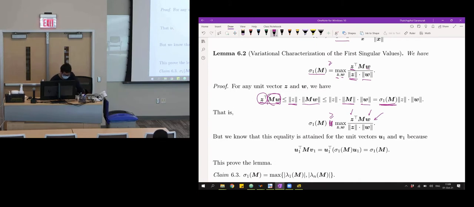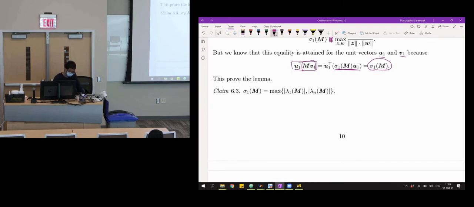If you just take z to be u_1 and w to be v_1, then when you multiply this together, this thing is just this by the property of singular value decomposition, and you achieve this. Okay. So they are really equal. You get equality here.